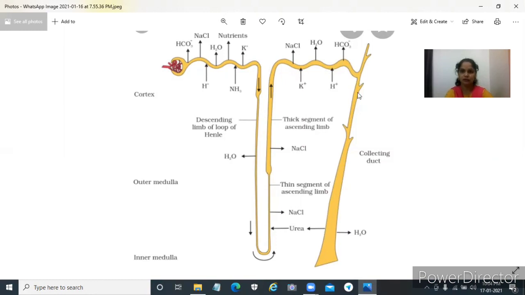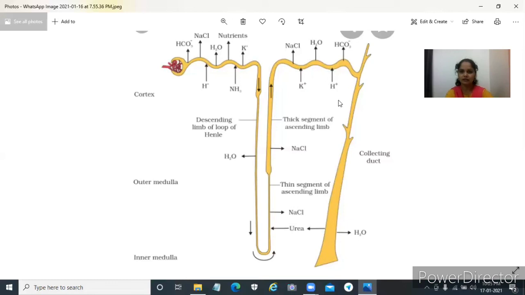Now, in tubular secretion, there is augmentation, a change in pH from alkaline in nature, which is found in the PCT, to acidic in nature, meaning the pH is less than 7, due to the active secretion of H+ ions.